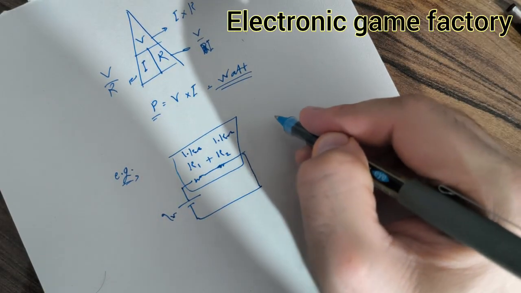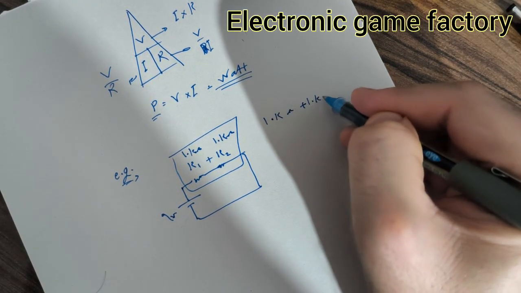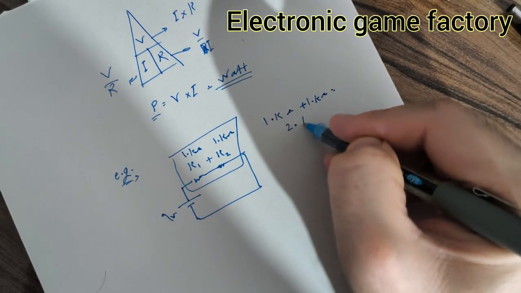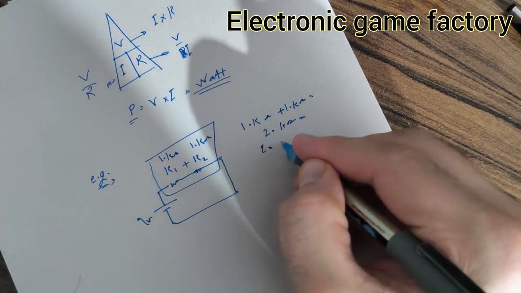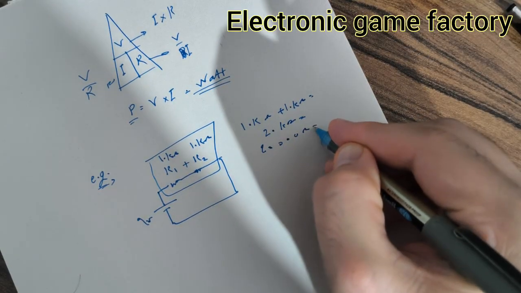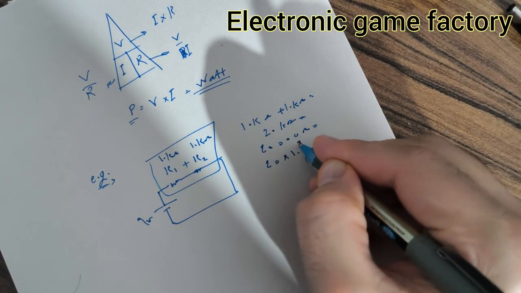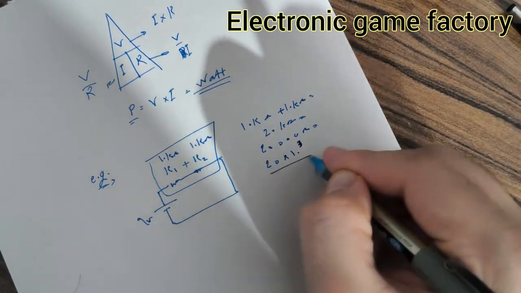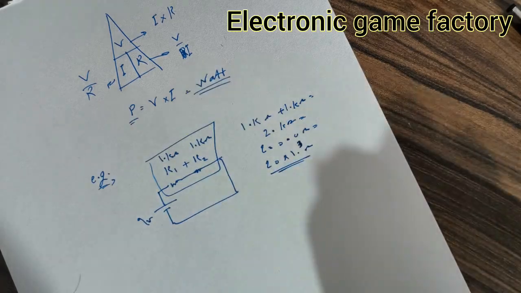So 10 kilo ohm plus 10 kilo ohm is 20 kilo ohm. So it can be changed to 20,000 ohm, or 20 times 10 to the power of 3. So this is the way we can change the numbers.